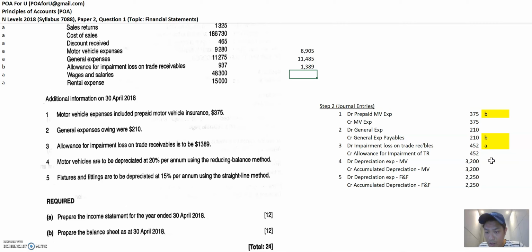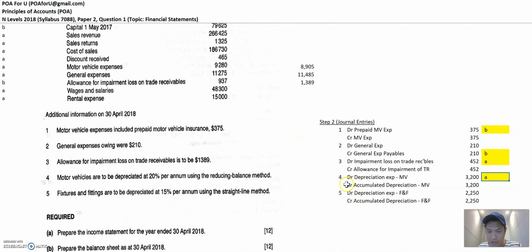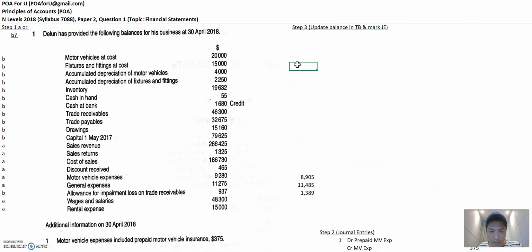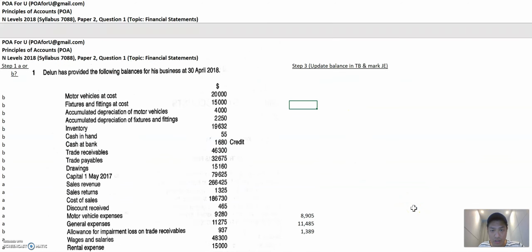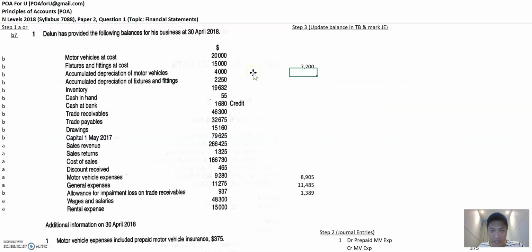Okay, now next thing, depreciation. This is a new item. All right, because I don't see it here. I see accumulated depreciation, which is up here, and it's 4,000. Accumulated depreciation is credit in nature, so if I'm crediting 3,002, then I'm going to add 3,002 to this balance, and it becomes 7,002.